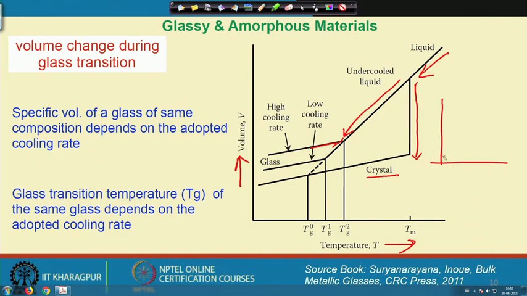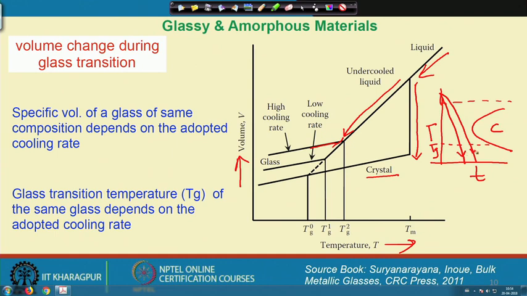I just show you a TTT diagram, where here is the temperature and here is the time. This is for crystal, which I discussed in the last class, and from such a temperature I cool it down. So, here I will get a glass because Tg is here, and I bypass the crystallization process and again cool it down.